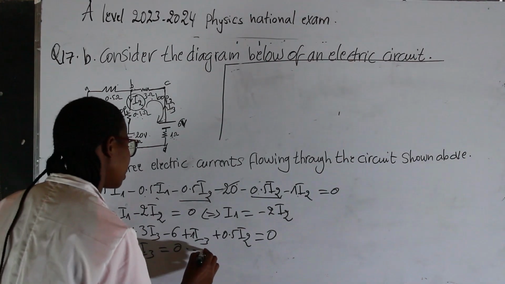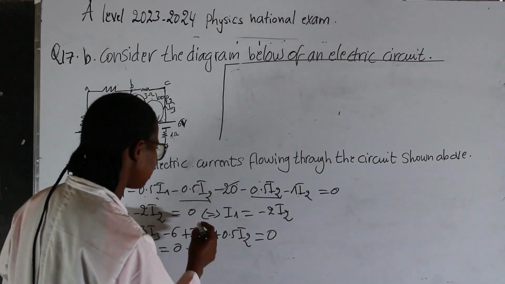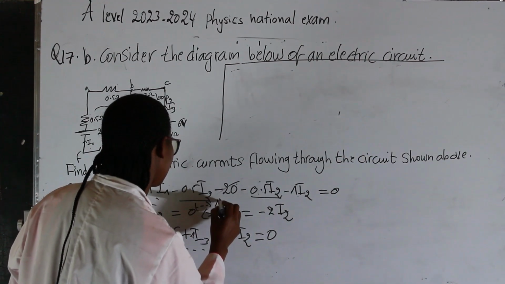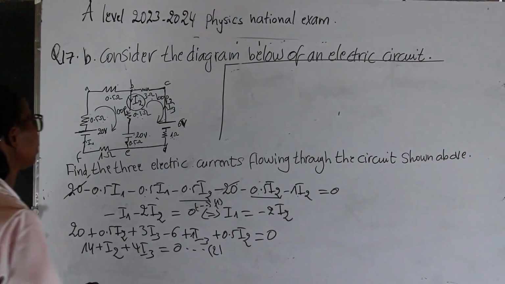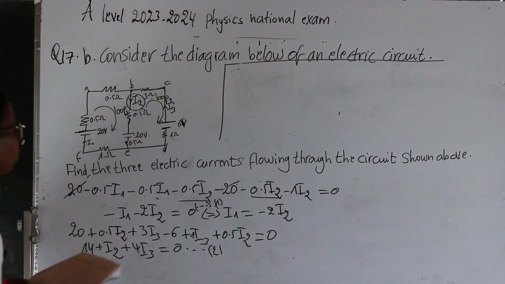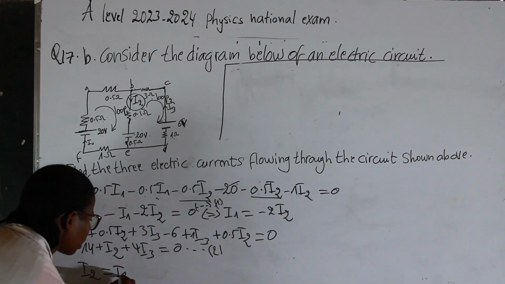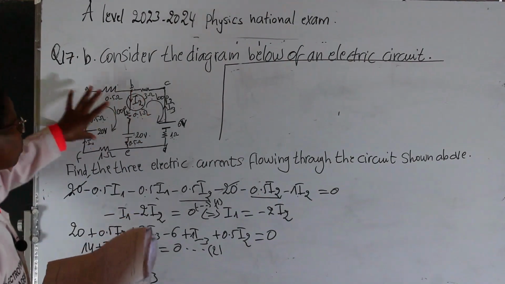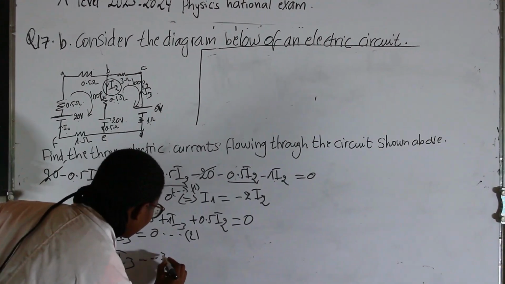Let's call this the first equation, and this the second equation. Then, according to Kirchhoff's law, I2 is equal to I1 plus I3. This is the third equation.